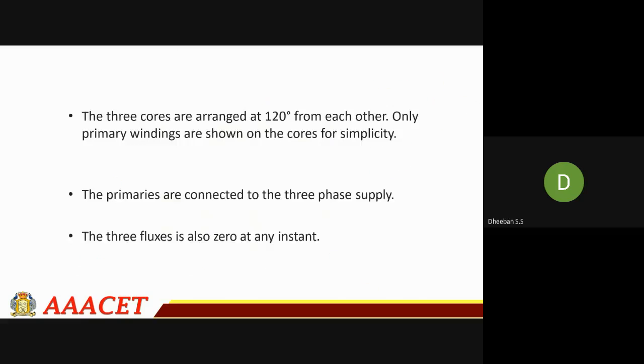Here the three cores will be arranged at a common displacement angle of 120 degrees. So the angle is 120 degrees from each other. You know, in a balanced system, you have your R phase, followed by your Y phase, followed by your B phase.